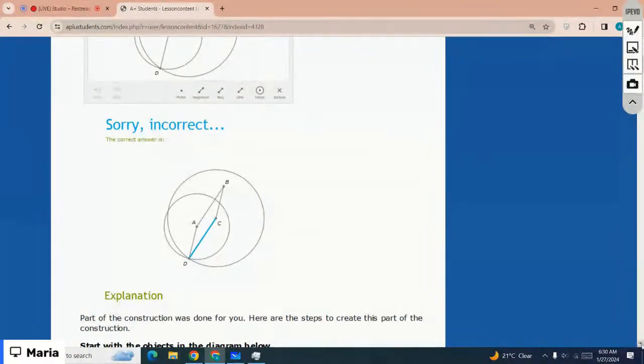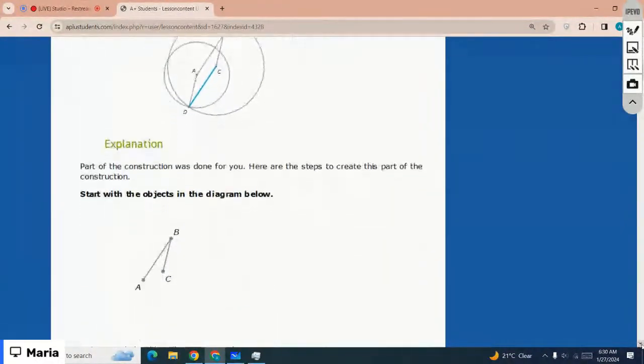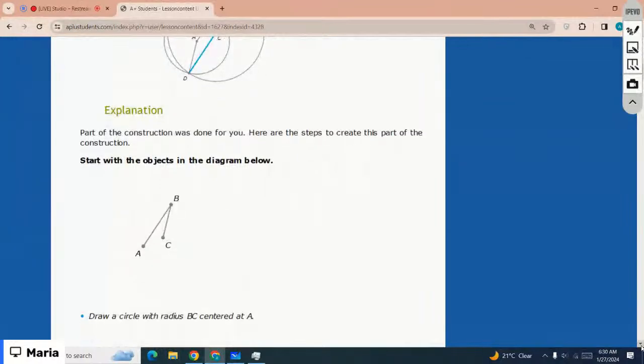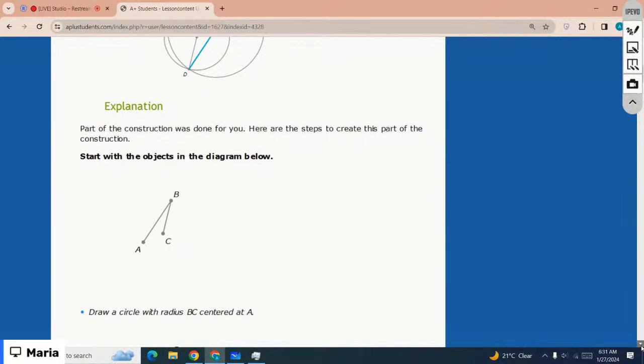Okay, part of the construction was done for you. Here are the steps to create the part of the construction. Start with the object in the diagram below. Draw a circle with a radius BC centered at A. You have to draw a circle that has the radius BC and the center must be A, right?